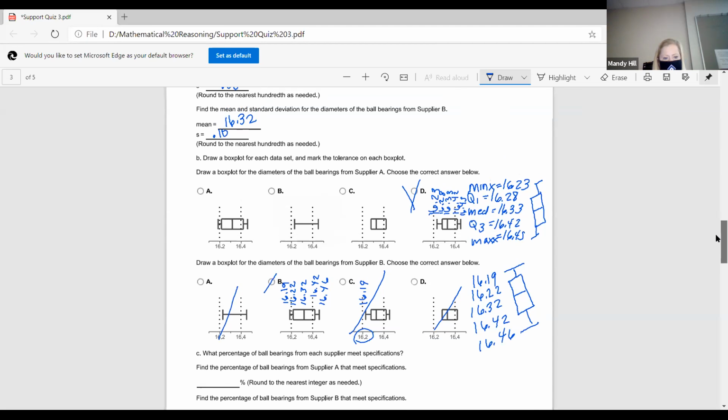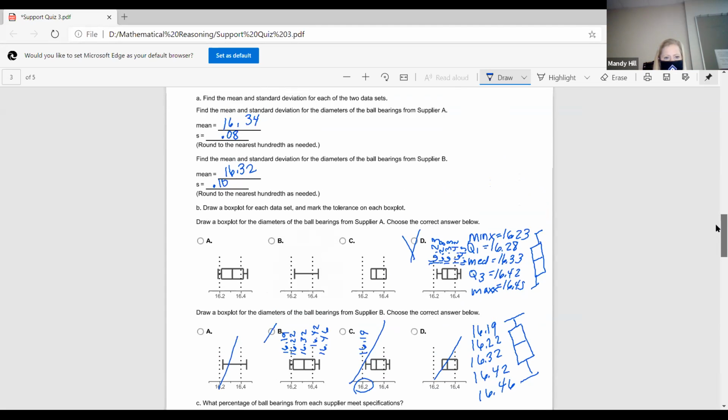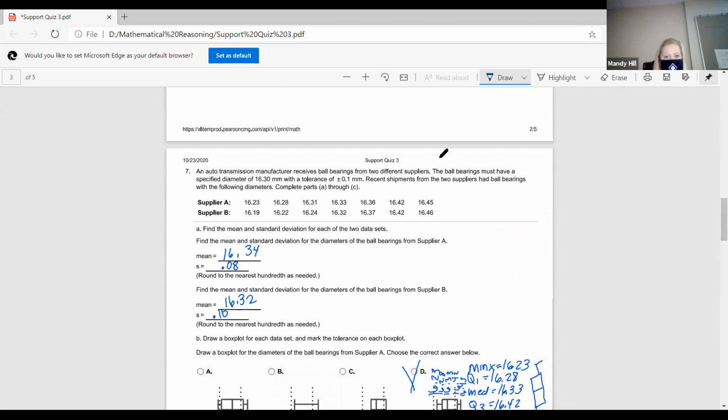So we got to find this percentage that meets the specification. Up here it tells us what the specifications are. It says the ball bearings must have a specified diameter of 16.3 millimeters with a tolerance of plus or minus 0.1 millimeters.